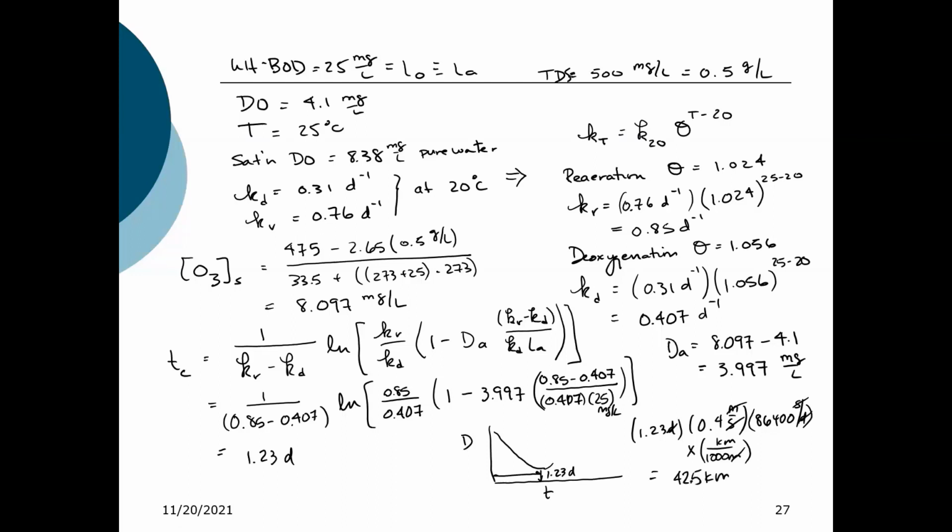So this distance here, that parcel of water has to travel 42.5 kilometers downstream, and we'll see the maximum deficit or the minimum DO.